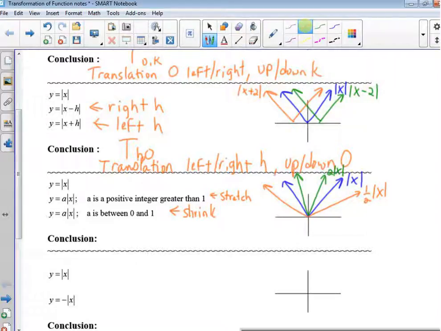So the conclusion is basically you keep the x-coordinates the same, and you multiply each y-coordinate by a. So it's not a dilation or anything like that.